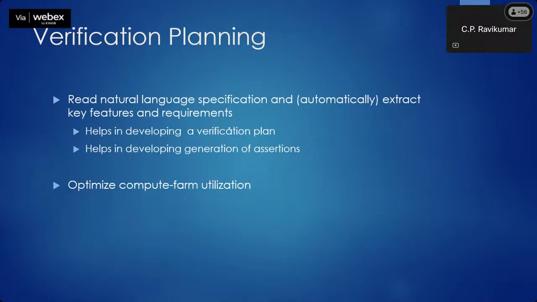Another use could be to optimize the compute farm utilization. When you do the verification planning, it may also involve meticulously figuring out the timeline and seeing the compute farm that the company may be using, right?